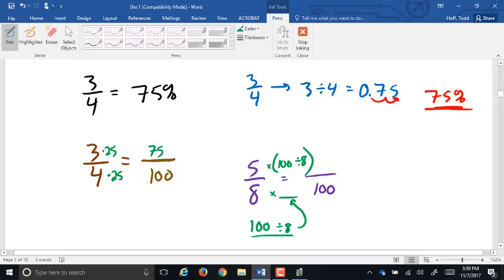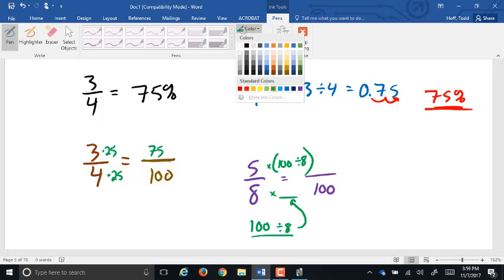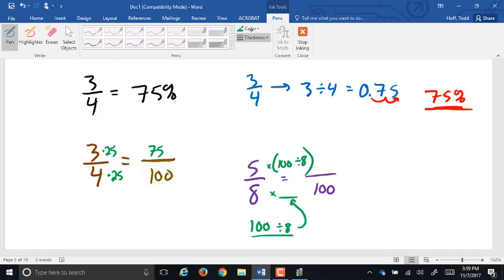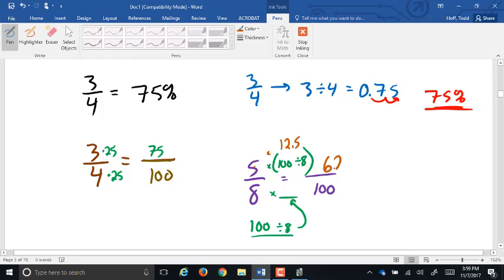Make sense? So 100 divided by 8 is 12.5. 5 times 12.5 is 62.5. So that's 62.5 out of 100, or 62.5%.